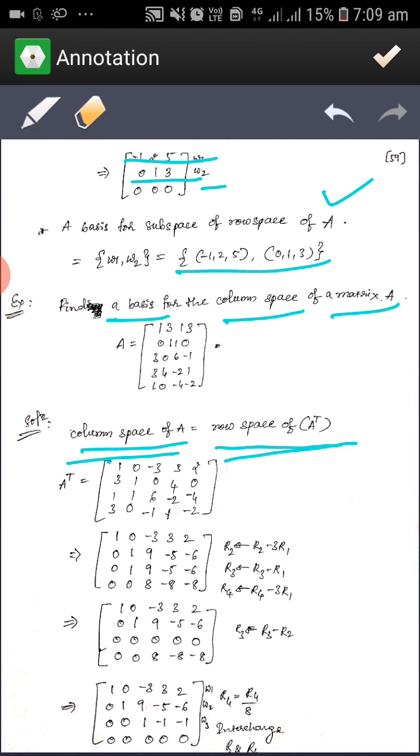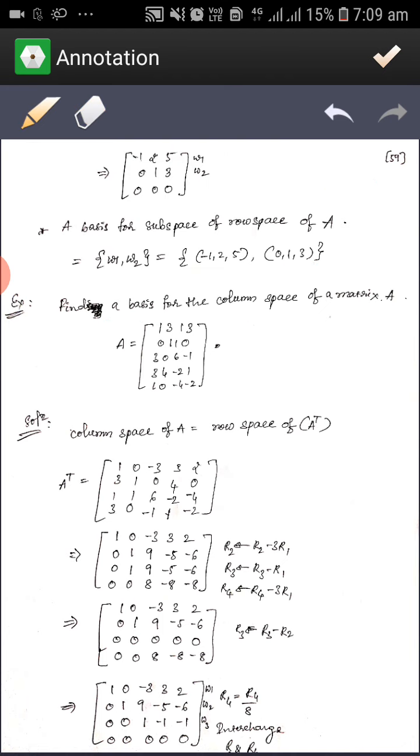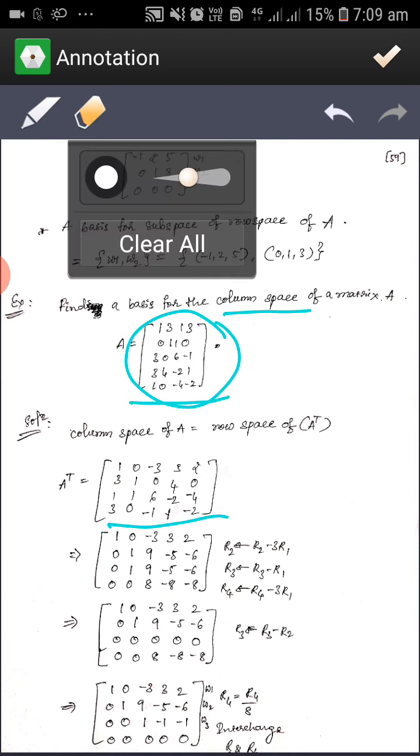For the matrix A as given here, if you consider it as a row matrix and take its transpose, it will become the column space.